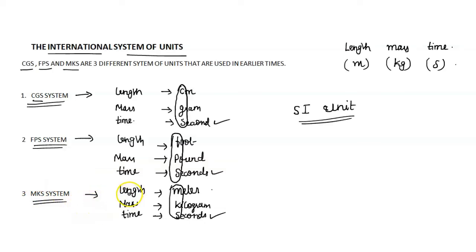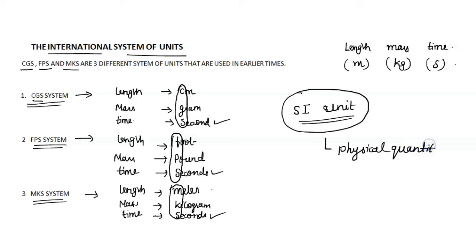So it was found very difficult to understand the units. So there must be one single unit that is accepted internationally for measurement of physical quantities. So SI unit is the unit which is internationally accepted for measurement.